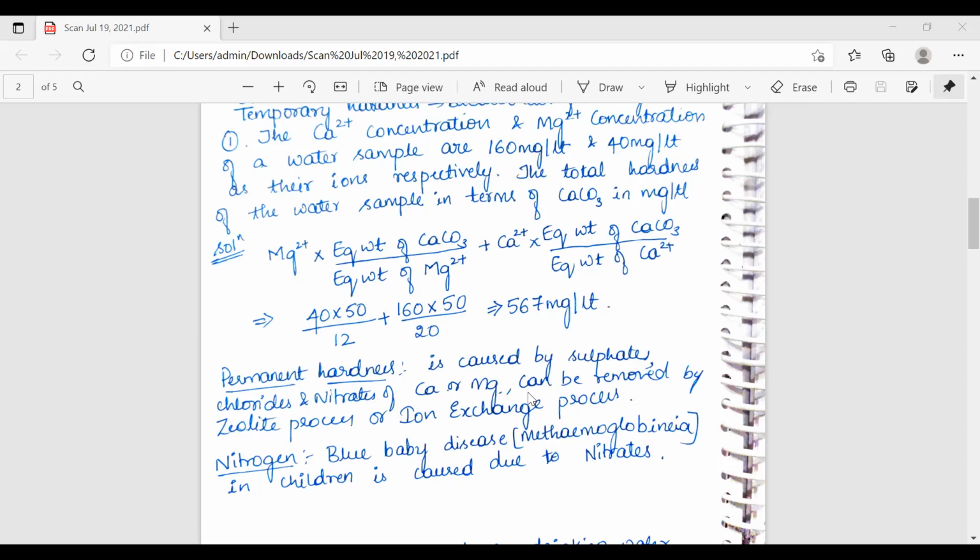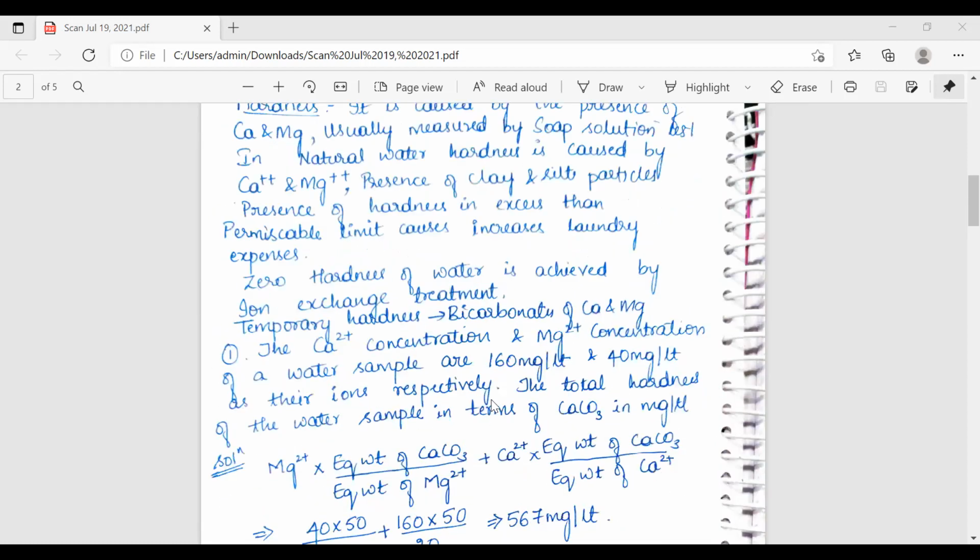So there are two methods to remove this permanent hardness. One is the ion exchange process and the other is the zeolite process; these are the two methods used to remove the permanent hardness. In the ion exchange treatment, the anions and cations exchange in the water, removing the hardness present in the water.